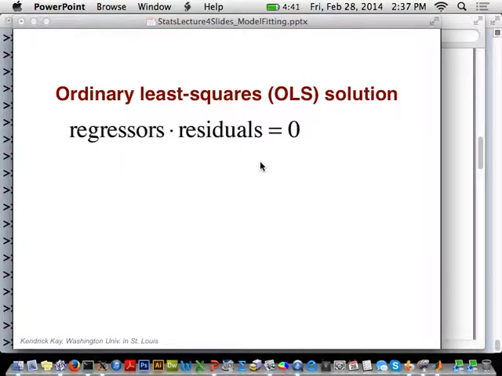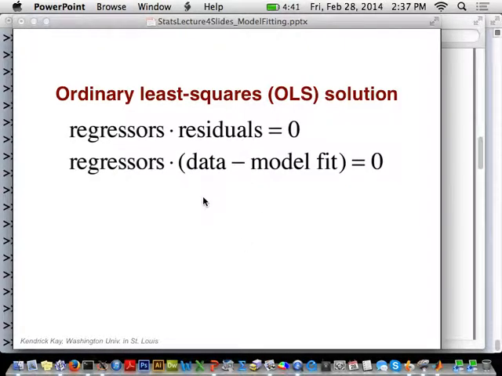If that's the case, let's expand that out a little bit. We're not quite at a mathematical formula, but we know what the residuals are. The residuals are just the data, which we know, minus the model fit that we presumably have, the optimal model fit. That's just a redefinition of the residuals. And then finally, we can convert this to a real matrix formula.